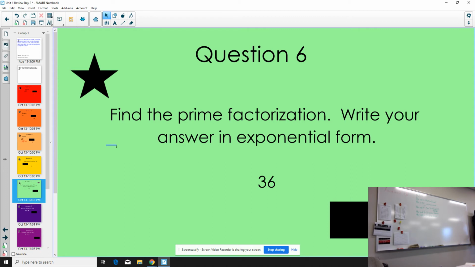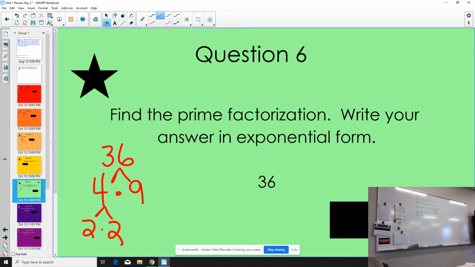Okay, so the 36, I'm going to make a factor tree, and there are lots of ways you can do this. You could take 4 times 9, 3 times 12, 2 times 18. I'll go ahead and start with 4 times 9. 4 is not prime because I can take 2 times 2 to get 4. So I'm going to break down my 4 into 2 times 2.